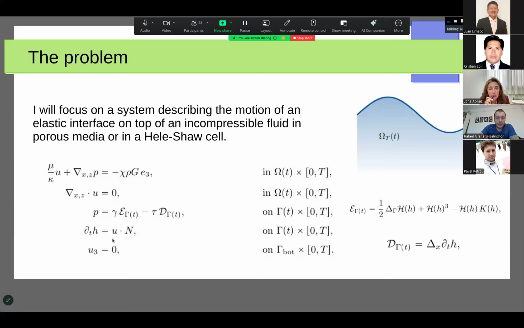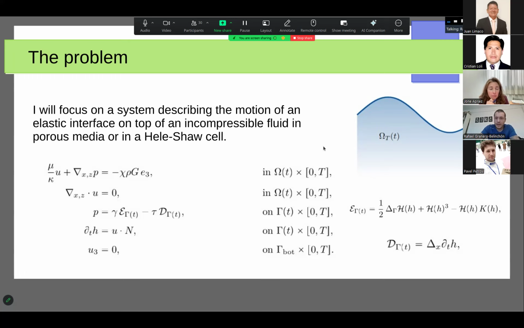Because we have a graph, we are assuming that the parameterization is given by the graph, so we only care about the normal component of the velocity. Then there will be another boundary where u2 is 0. That means the boundary is a solid wall, an impervious boundary.